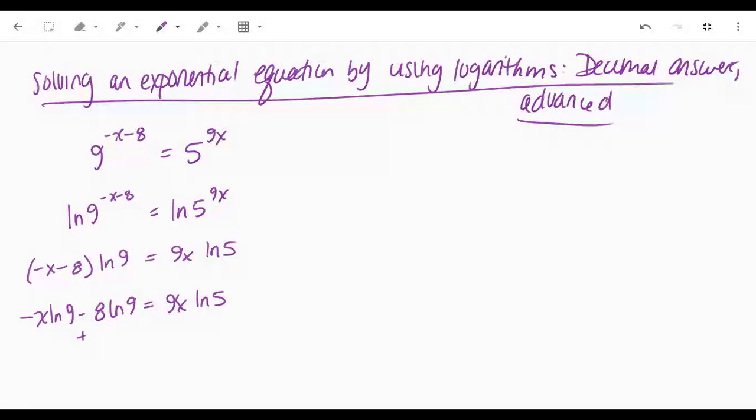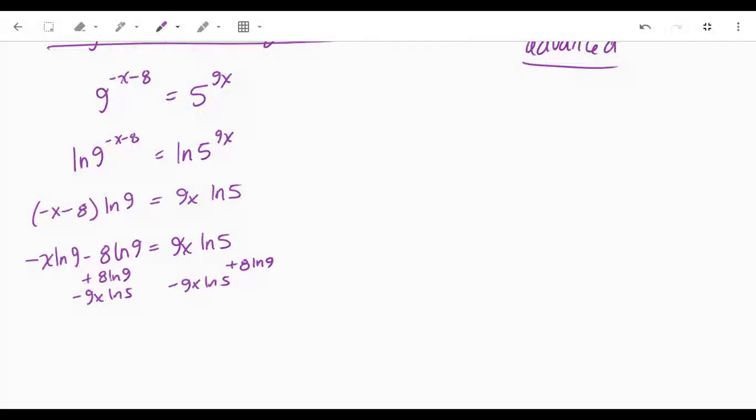So I'm going to add 8 natural log of 9, and subtract 9x natural log of 5. That gives me negative x natural log of 9 minus 9x natural log of 5 equals 8 natural log of 9. Factor out an x, and I'm left with negative natural log of 9 minus 9 natural log of 5.